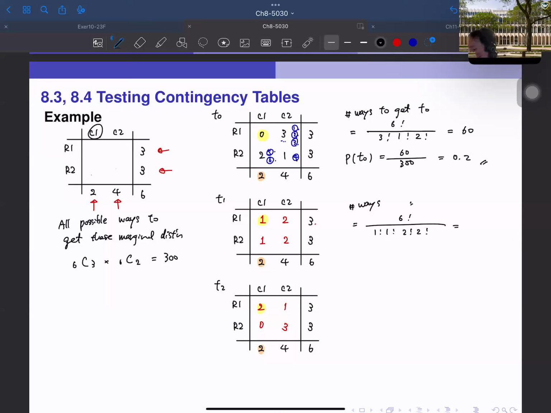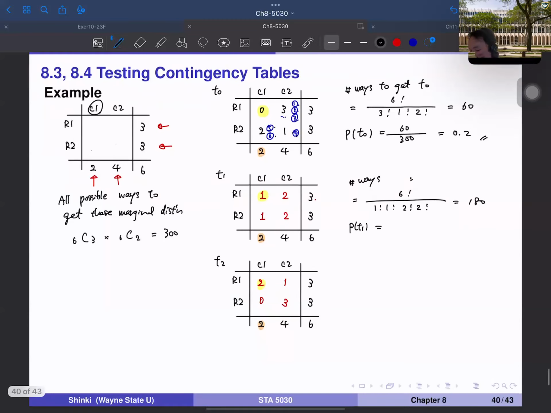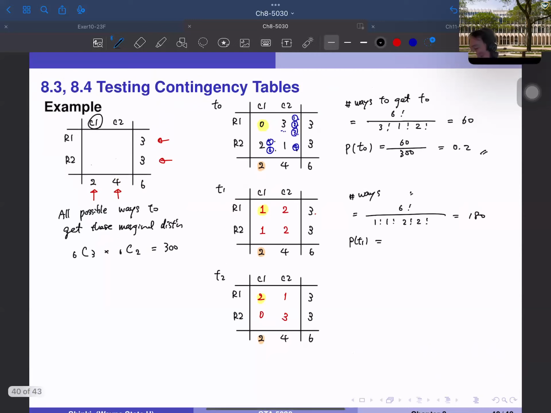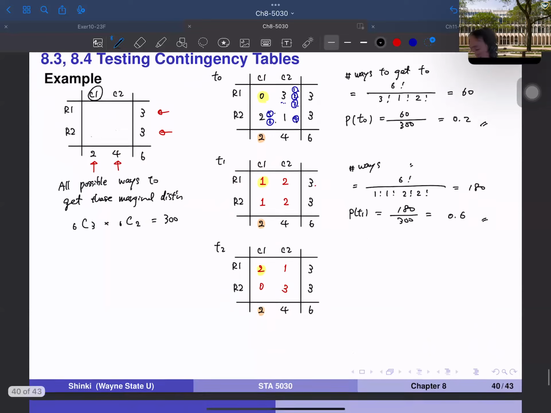And this is 720 divided by 4. So this is 180. So the probability of T1, if everything is assigned randomly, is 180 over 300. Assigned randomly means basically independently. So this probability is 60%.